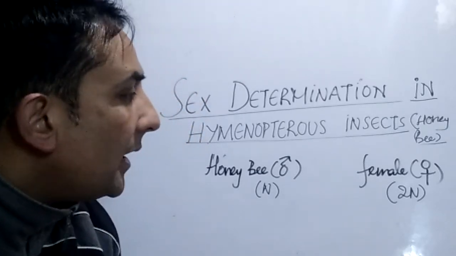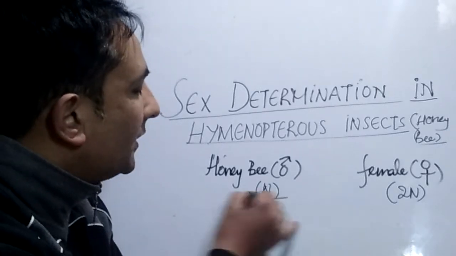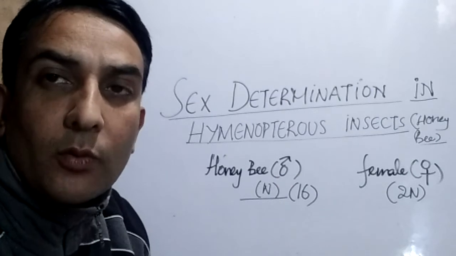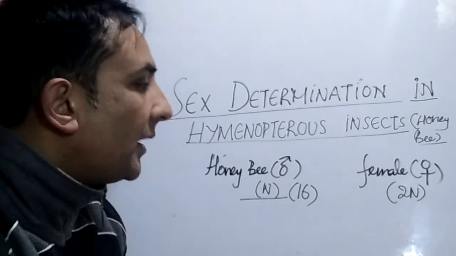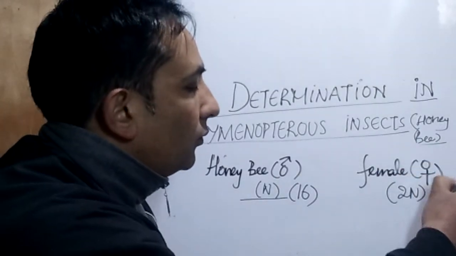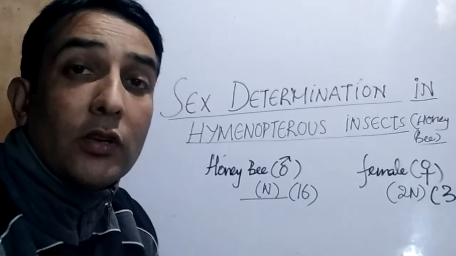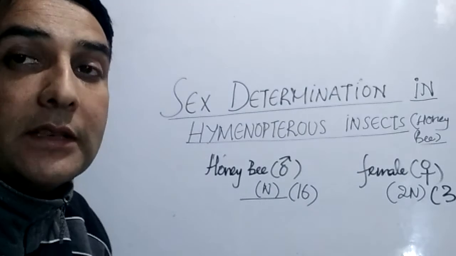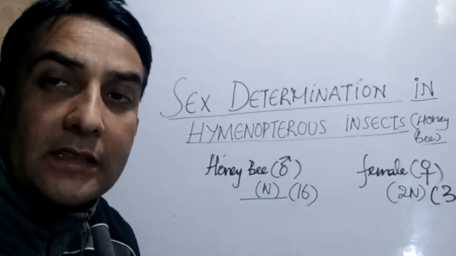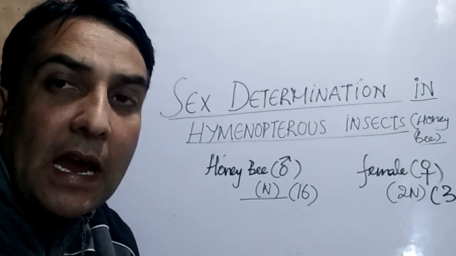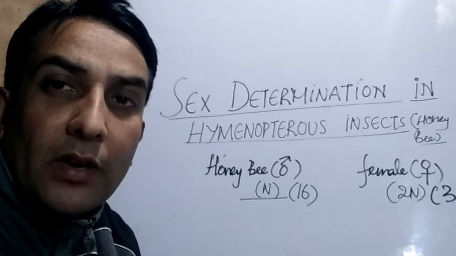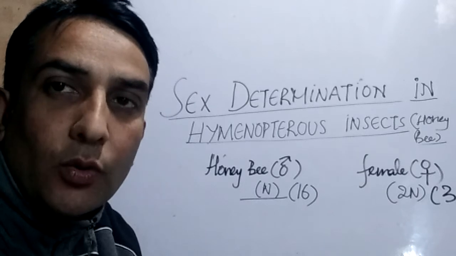The haploid number in the honeybee is 16. So the drones will have 16 chromosomes, and the diploid number in the females is 32. So the male honeybee, the drone, will have 16 chromosomes, and the female honeybee, either worker bee or queen, will have 32 chromosomes.